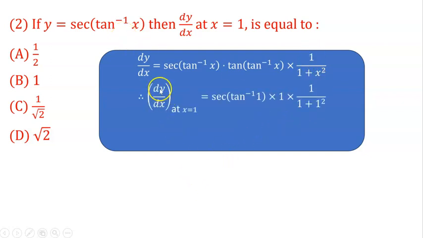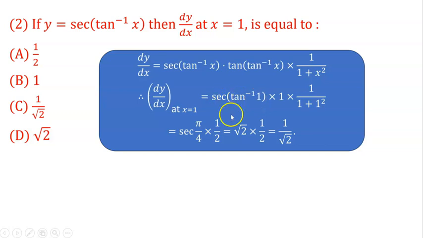Therefore dy/dx at x = 1 is sec of tan inverse x into tan of tan inverse x, which is x, that is 1, into 1 upon 1 plus x², where x is replaced by 1. Now, tan inverse of 1 means what? Pi by 4.